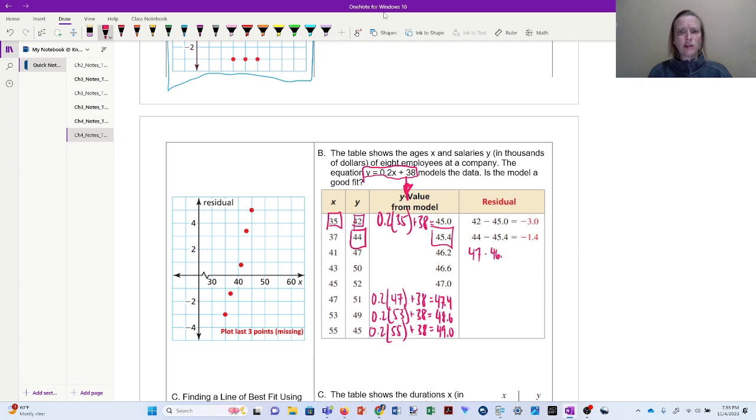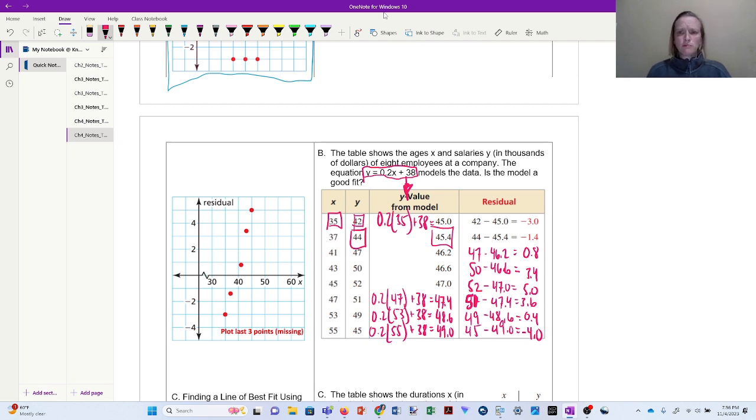And I just continue the list here to calculate all of my residuals. 0.8. 50 minus 46.6 is 3.4. 52 minus 47.0 is 5.0. 51 minus 47.4 equals 3.6. 49 minus 48.6 is 0.4. And 45 minus 49.0 is negative 4.0.